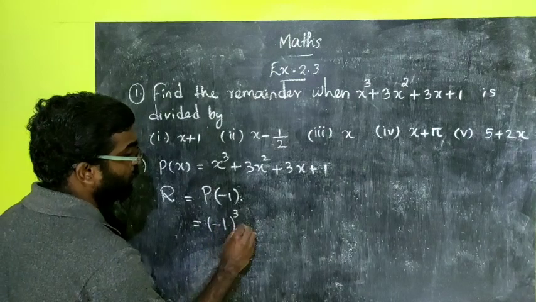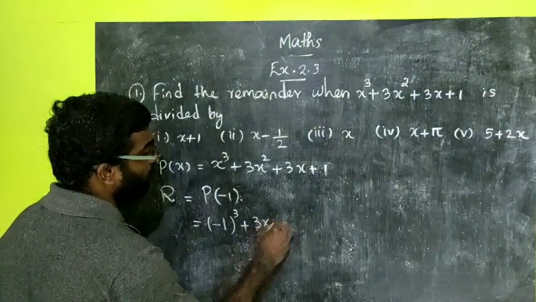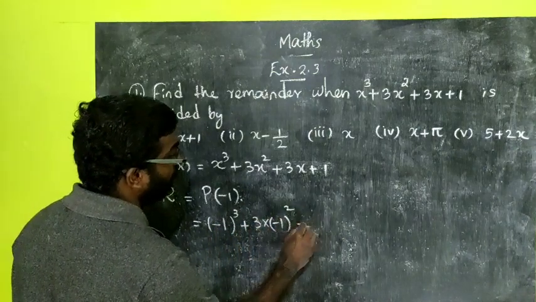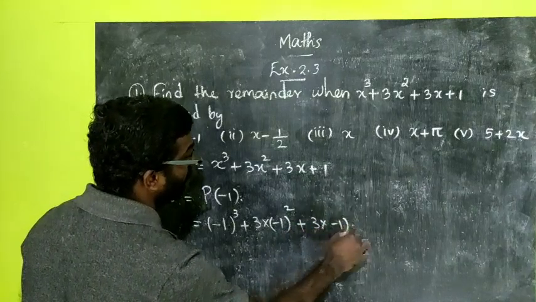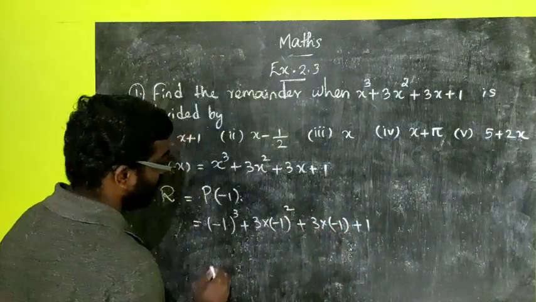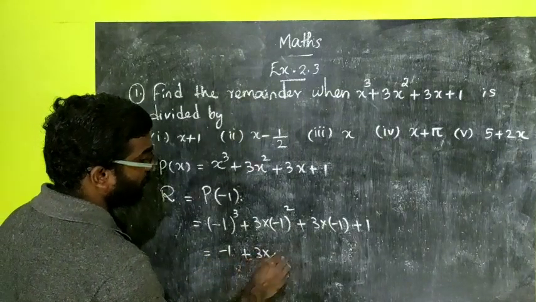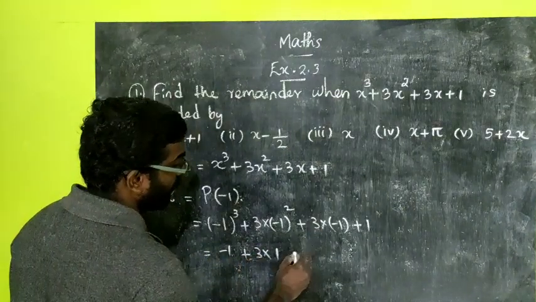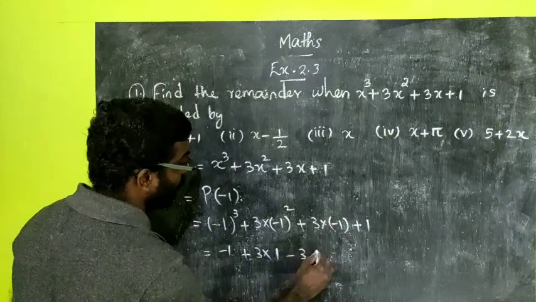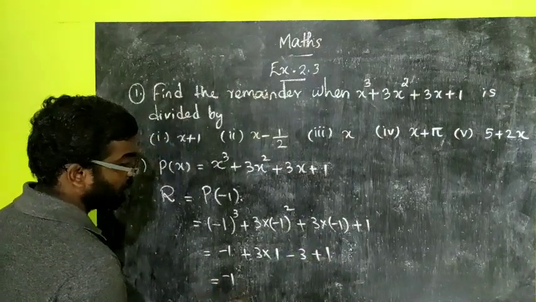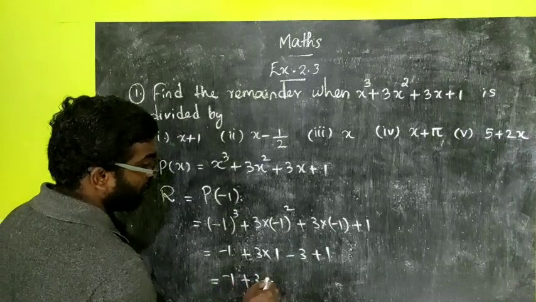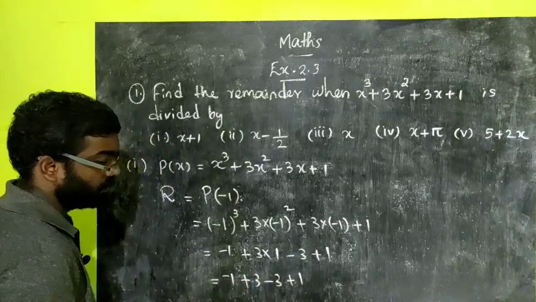minus 1 the whole cube plus 3 into minus 1 square plus 3 into minus 1 then plus 1. Minus 1 cube is minus 1, plus 3 into minus 1 square is 1, so 3, plus 3 into minus 1 is minus 3, then plus 1. So minus 1 plus 3 minus 3 plus 1.